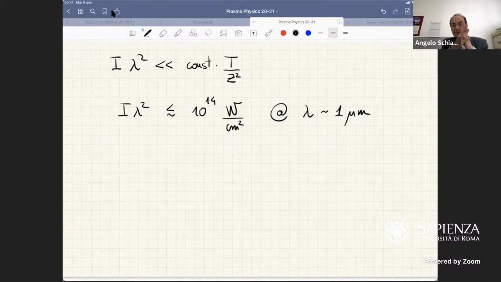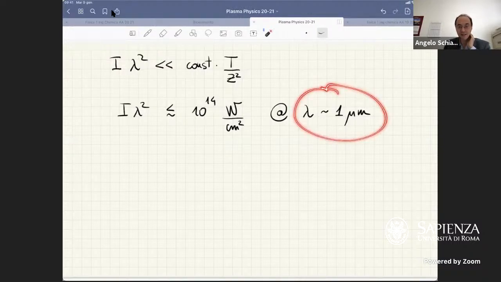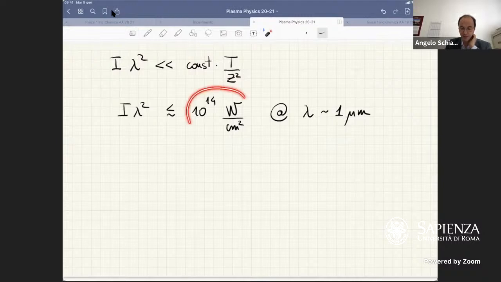We'll start again from here on Monday. This is just a constraint telling us that when we are using laser light that has this typical wavelength, then we can apply all the considerations we've done until now, if the irradiance I lambda squared is smaller than this reference value.